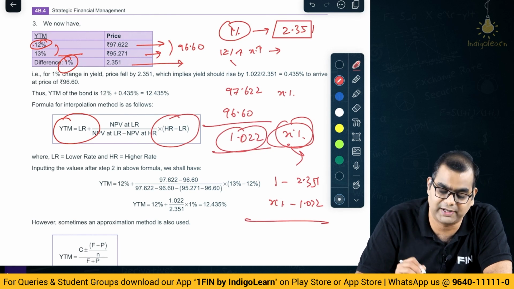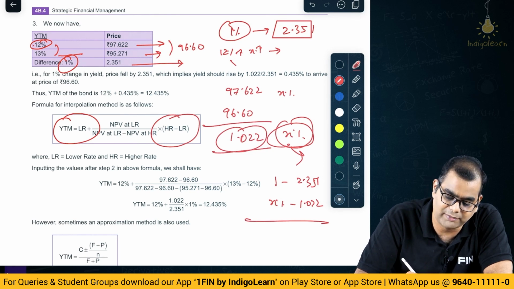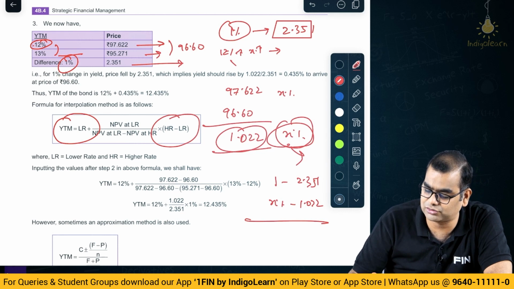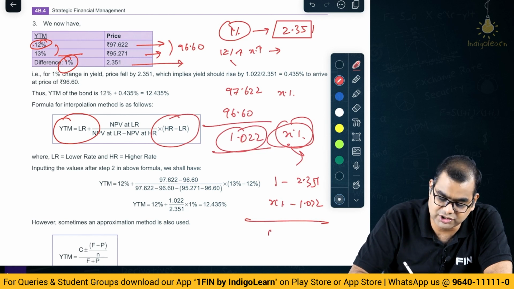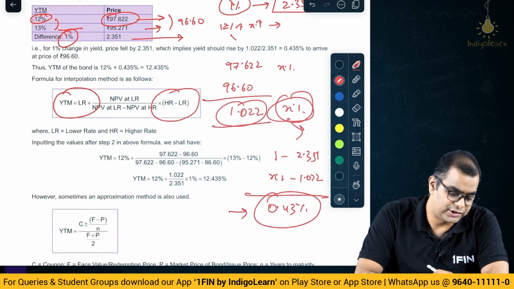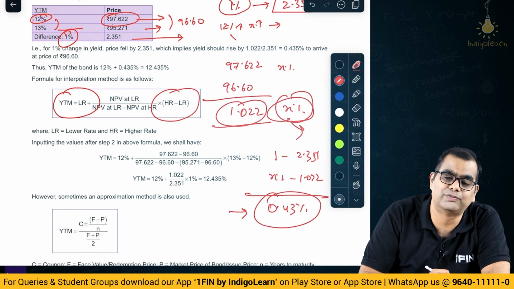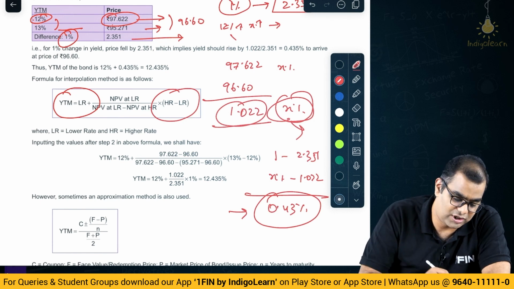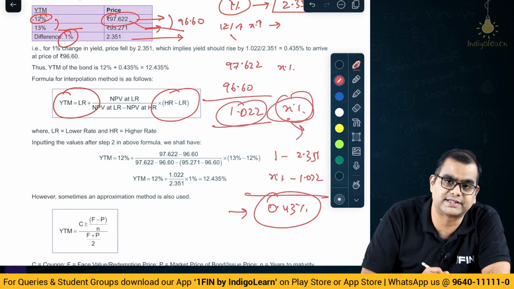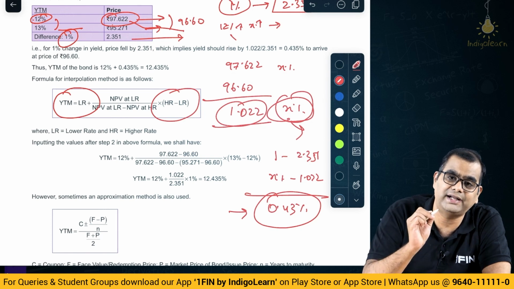You basically cross multiply. So 1 into 1.022 by 2.351. So 1.022 divided by 2.351. It will be 0.43%. At 12%, it is 97.62. Now, the price has to come down from 97 to 96. If it has to come down, you have to add a rate or subtract a rate.